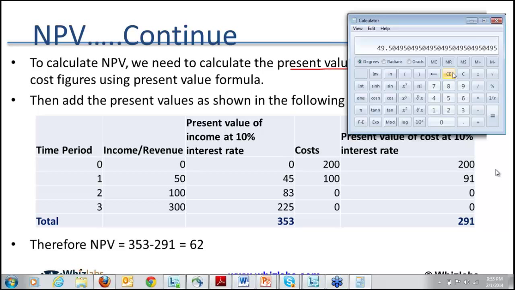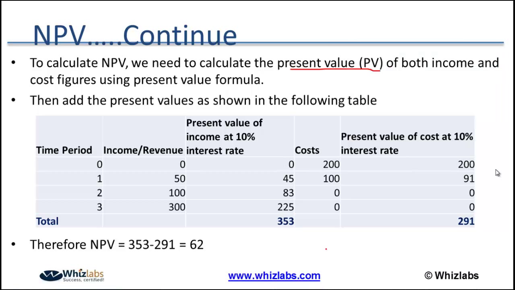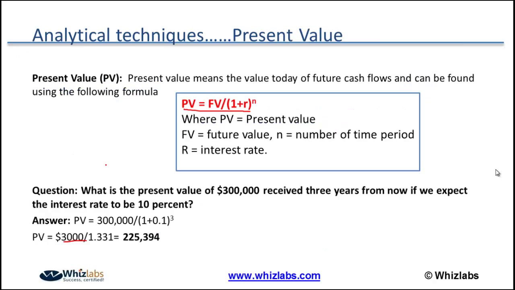Let me calculate. Let's put the formula here. Remember, 1 plus R, where my rate of interest R is 0.1. So 1 plus 0.1 is 1.1.